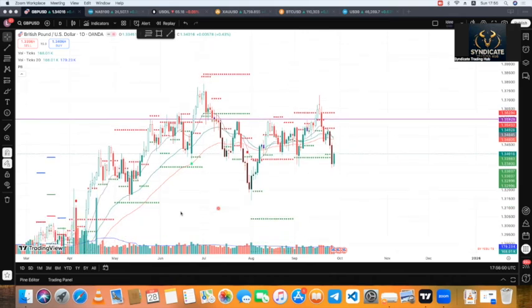So we are waiting for price to come and test this level below, which is at around 1.3298886, to test the support over here.